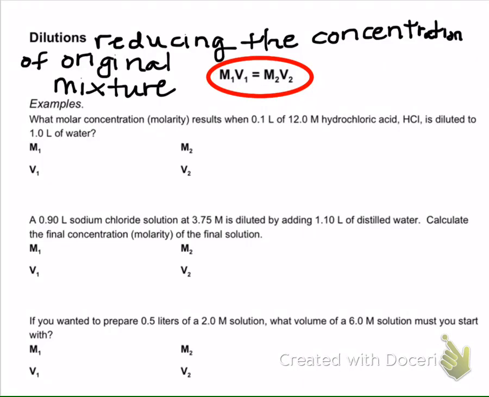Today we're going to be talking about dilutions. What a dilution is, basically, is you're watering down something that's very highly concentrated. I go back to the Kool-Aid example a lot.